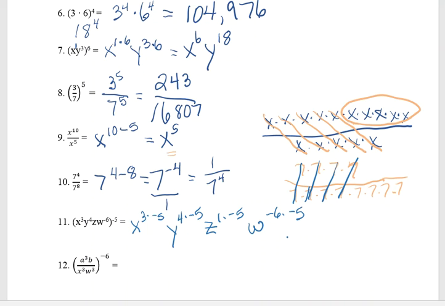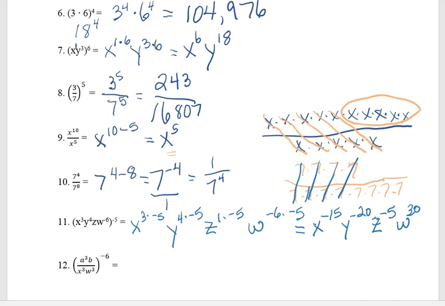I might have to do some moving down. So if I go ahead and do the multiplication of the exponents, I get x to the negative 15, y to the negative 20, z to the negative 5, w, since I have a negative times a negative, I get a positive 30.